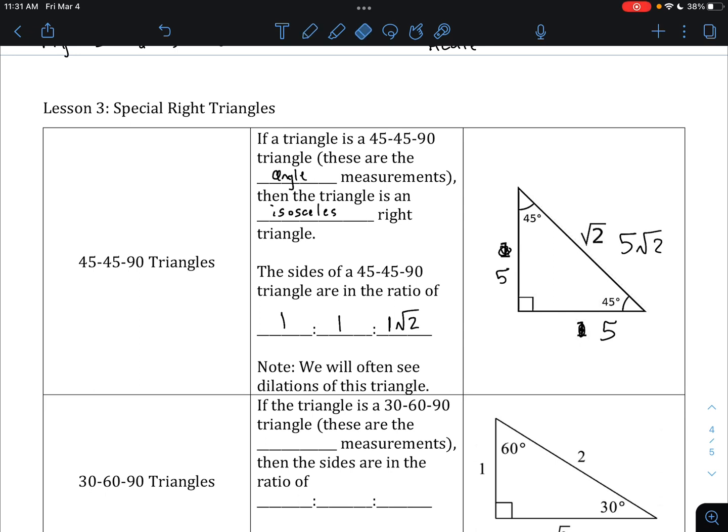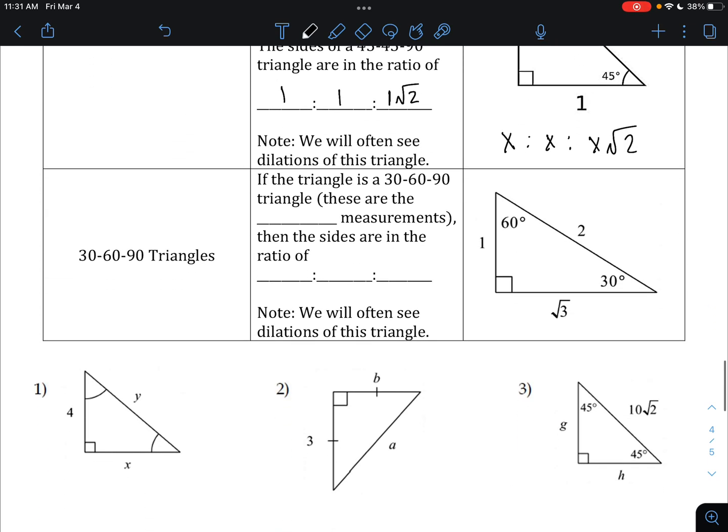So really that 1 acts not as a 1, but as kind of an x. So that acts as like an x to x to x square roots of 2. And whatever we put in that x value is always going to be the same. Let me show you an example down here at the bottom.